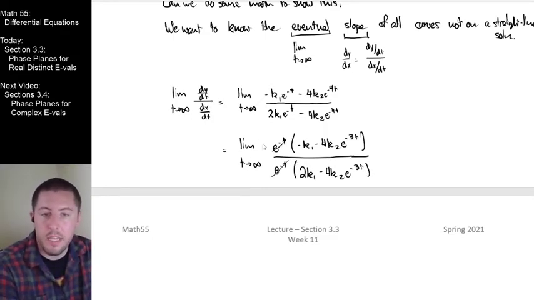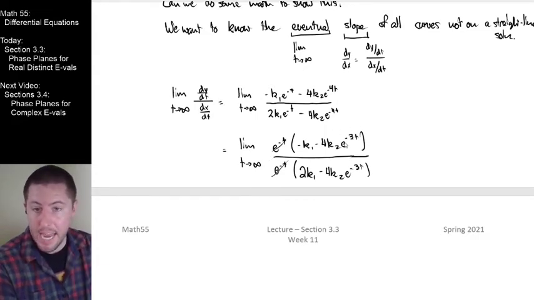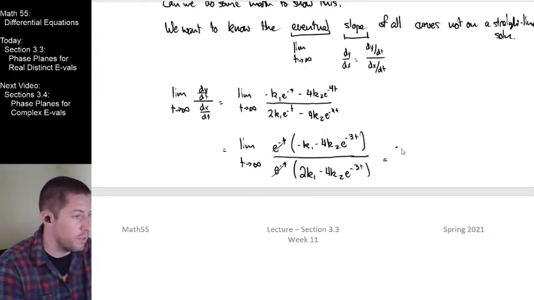And now what you can see is as I evaluate this limit, there is no t stuff remaining in these two components. T is getting really, really big, and t is part of an exponential decay term. So this is really going to be equal to negative k1 minus 0 over 2k1 minus 0, and then the k1s are going to cancel, and this is just going to give us negative a half.